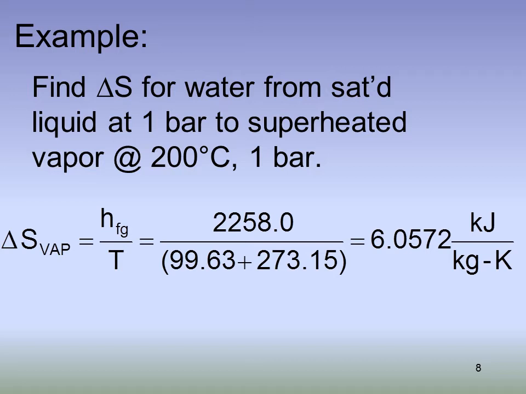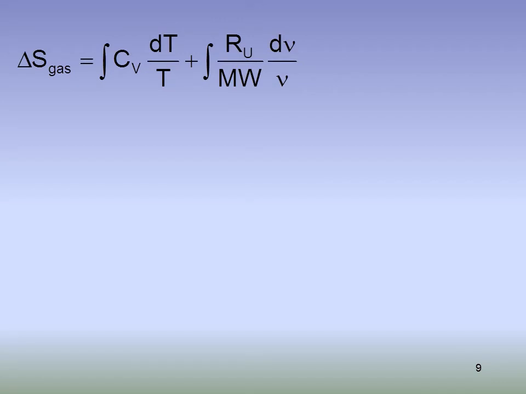So HFG over T, and that's going from a liquid to a vapor at 1 bar, but now we're at 1 bar and 99.63 degrees C. So we have to bring it up from that state to a superheated vapor to find the total change in entropy. So here's how we'll do it.